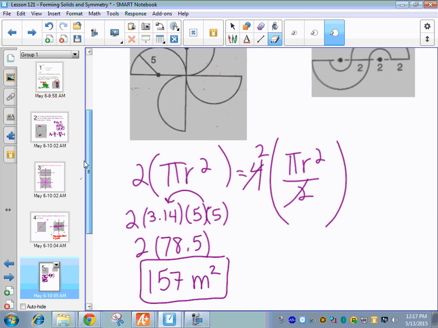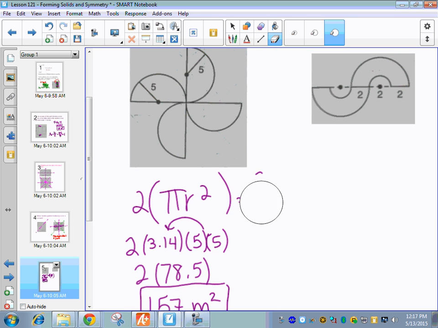All right, now we've got this interesting figure over here. All right, it's sort of an S shape. What we're finding the area of is inside the S shape. So anybody have an idea, using symmetry, how we could do that? Morgan C., what do you think?